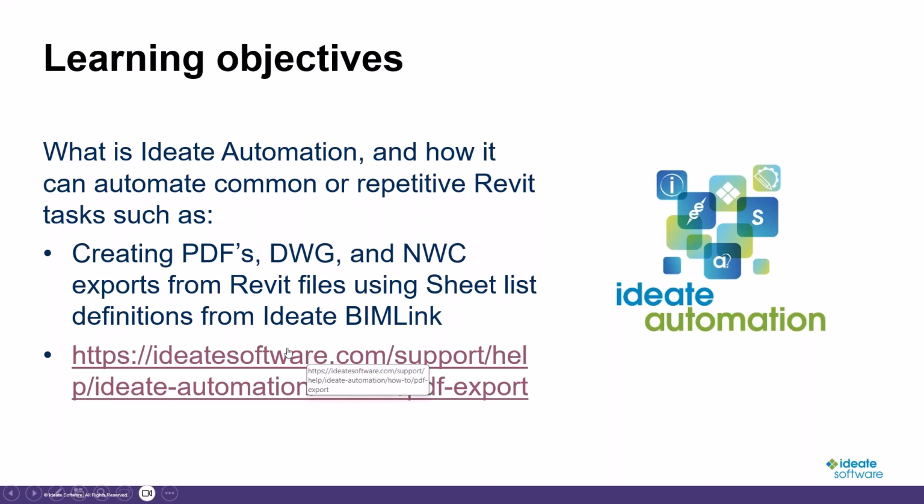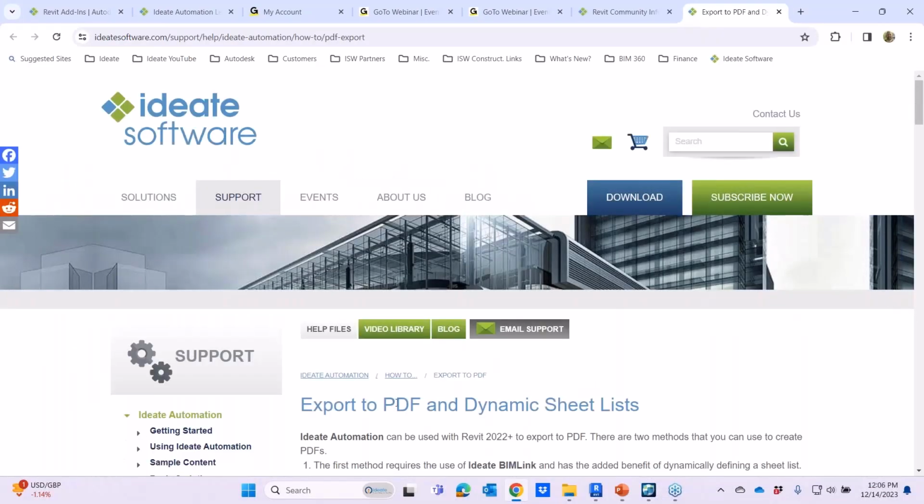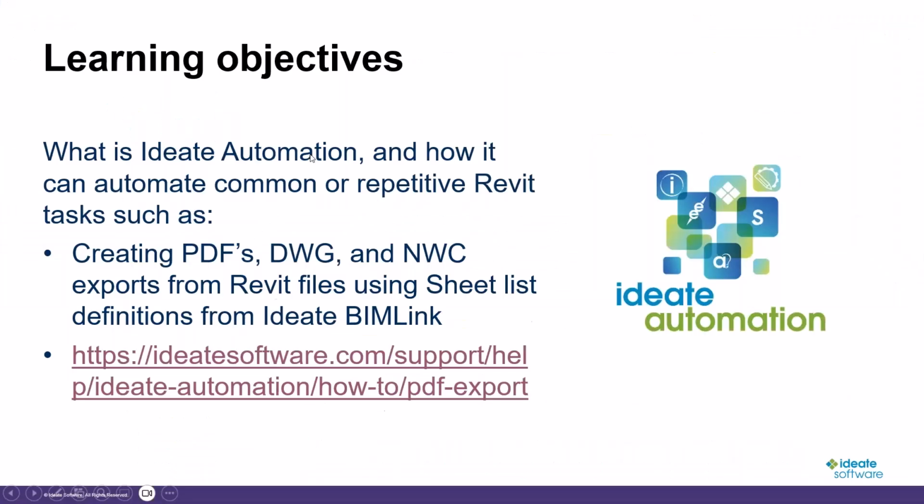Again, I wanted to point out that this link I showed you earlier was how to export PDF and dynamic sheet sets, and that's specifically what we're going to be reviewing today: creating PDFs, DWG, and NWC. We're not doing the IFC because IFC doesn't use sheets. It's really exporting the entire model, so that's why it's a little bit different.